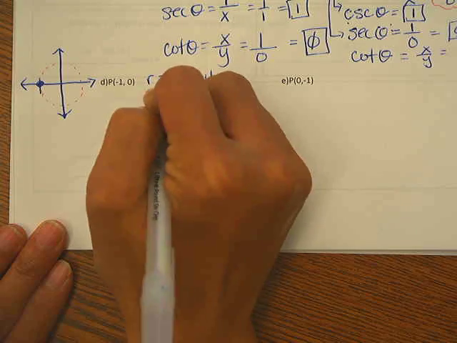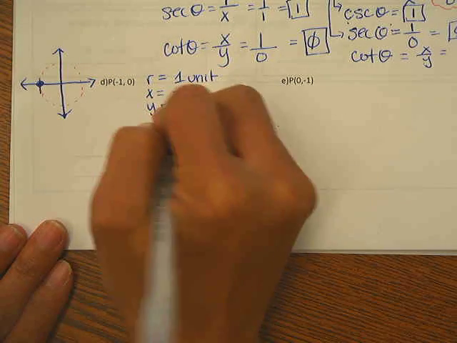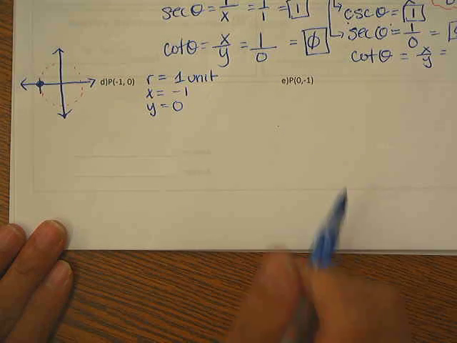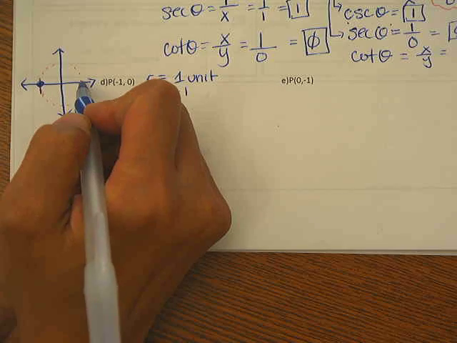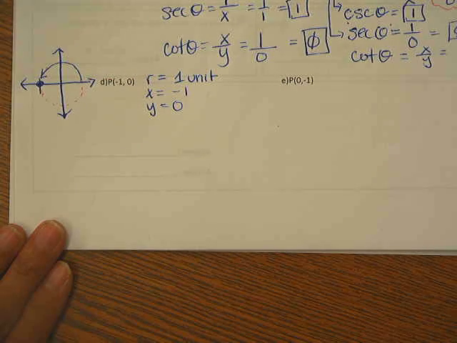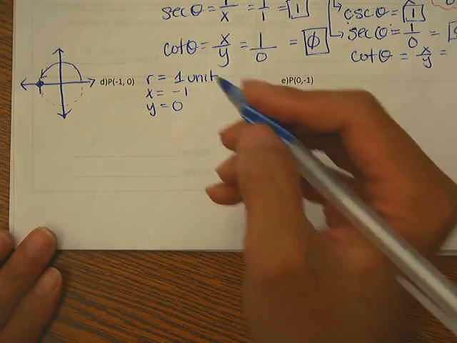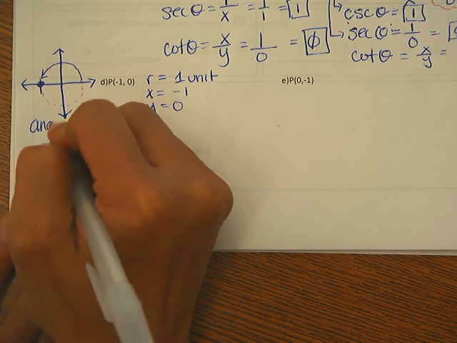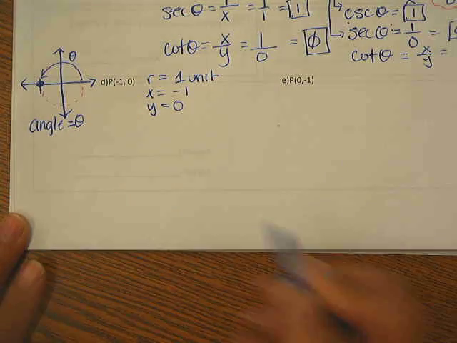Okay. X is, in this case, -1. Y is 0. Now, let's think about this. From the standard position, if I want to travel here, can you tell me how big this angle is? This angle, let's call it theta.